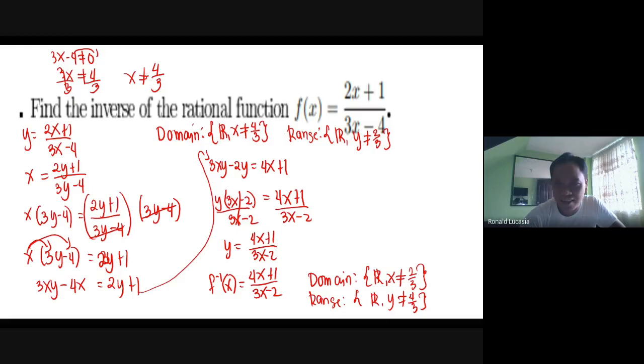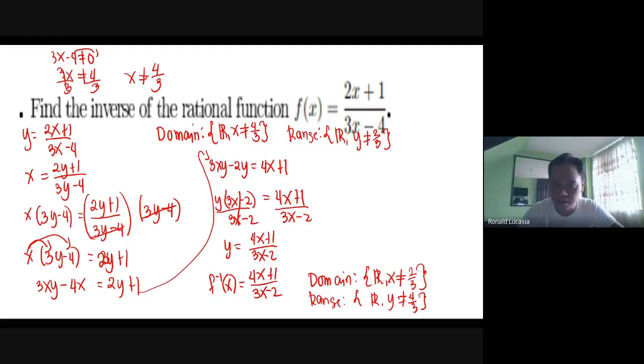Or totally hindi sinagutan? Wala magsagot.